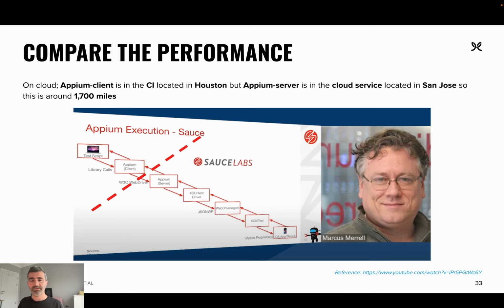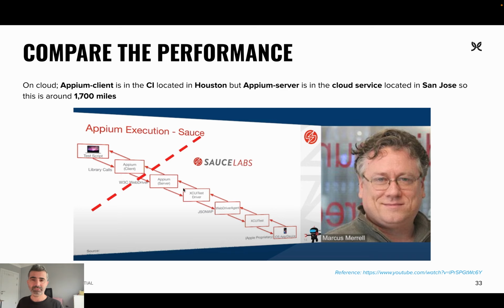There is also another piece of work done by Sauce Labs, and you can see the great difference in performance. This is the call step for Appium. In this work, the Appium client is in the CI and it is located in Houston.